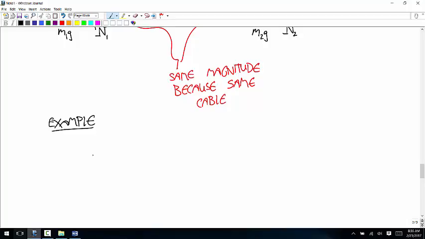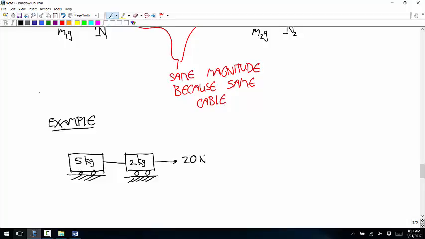It's going to basically look just like that one. Let's say that this cart on the left has a mass of 5 kilograms and is connected to a 2 kilogram cart. And there's a force of 20 newtons applied to the right.